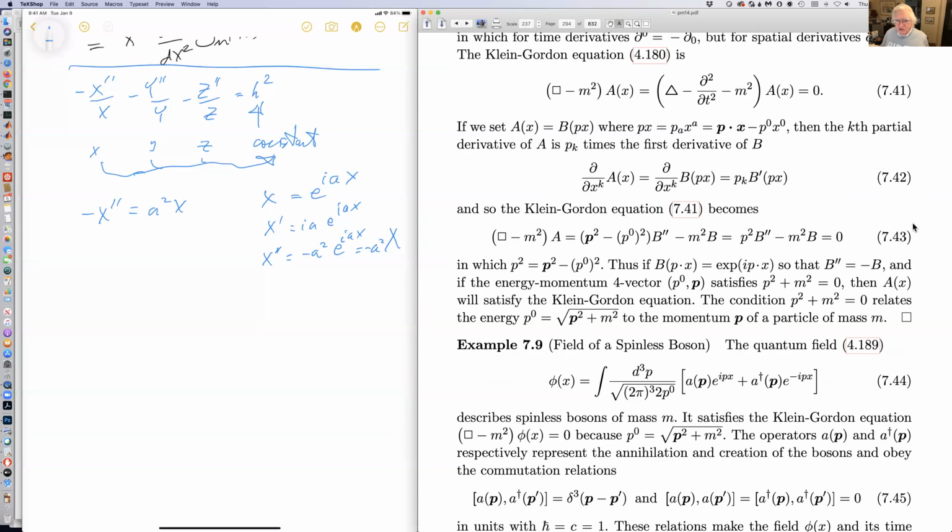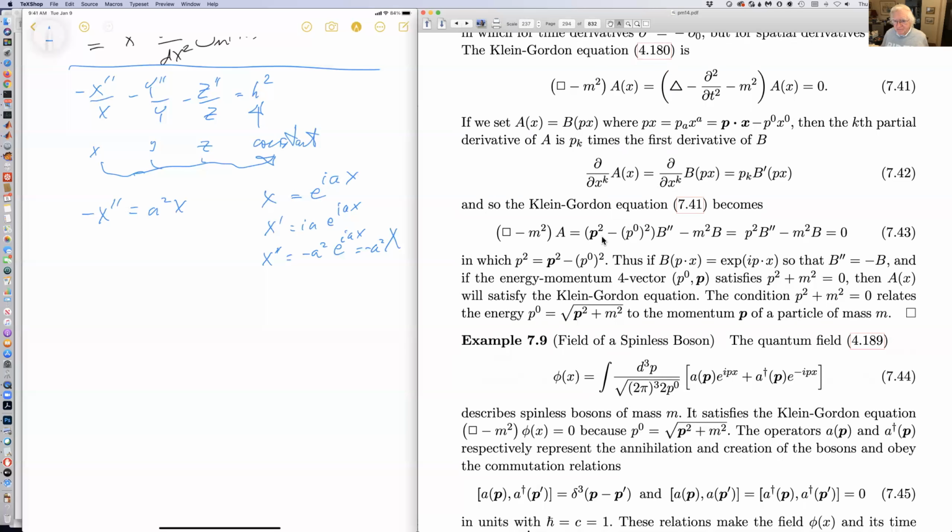And so applying the Klein-Gordon equation then gives p squared minus p0 squared times b double prime minus m squared b. And so we just get this.